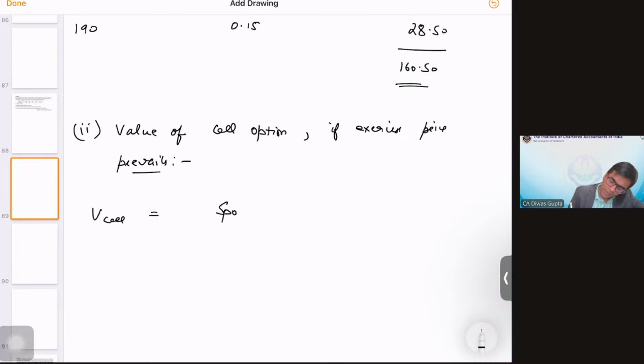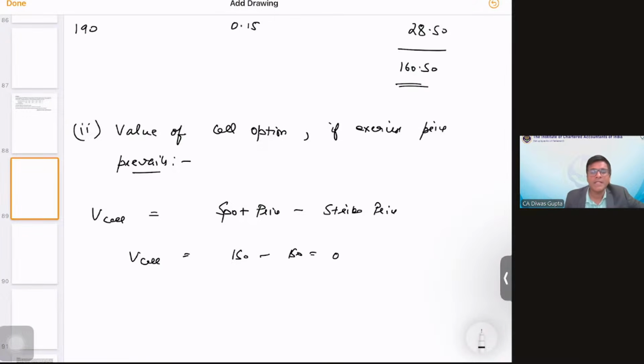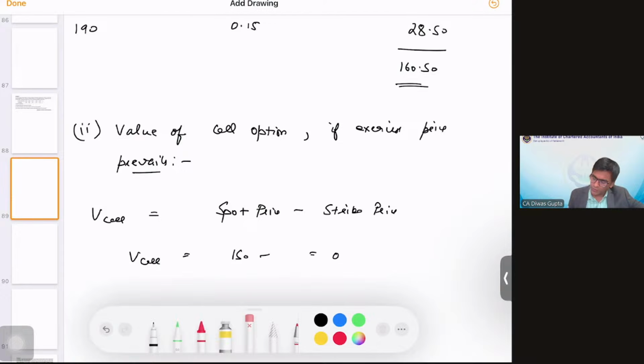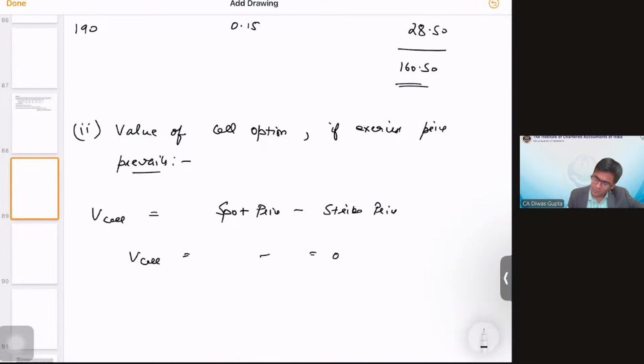Value of call option is equal to spot price minus strike price. 150 minus 150 is equal to 0. So the strike price was 150, right? The question is trying to say if 150 is the actual price, then what becomes the value of call option? It is at the money.